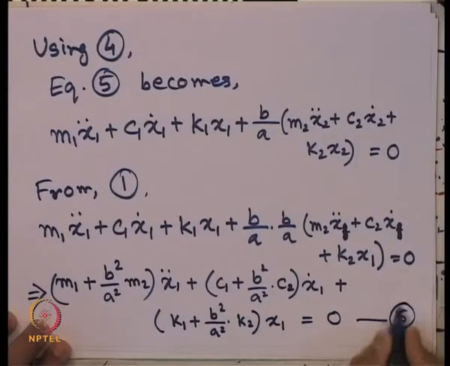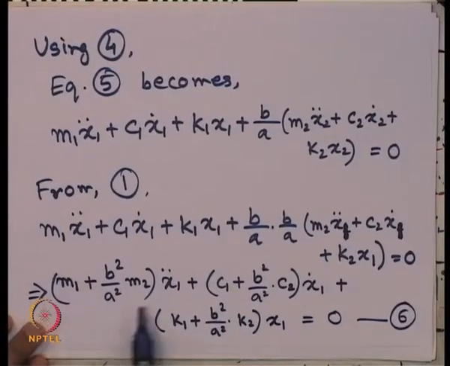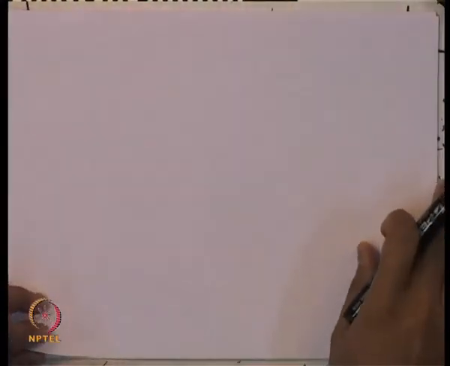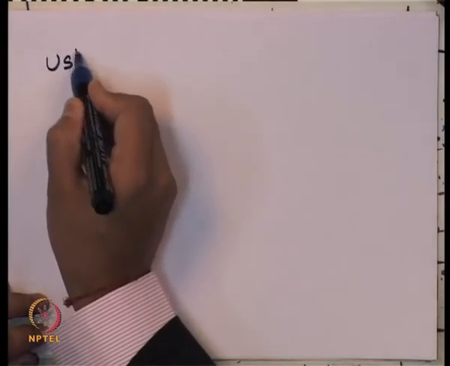So, let us say this is equation 6. So, you can see everything is represented in terms of a single degree of freedom, which is x1 we have taken in this case. So, now what can we write further? Now, what is the given condition?